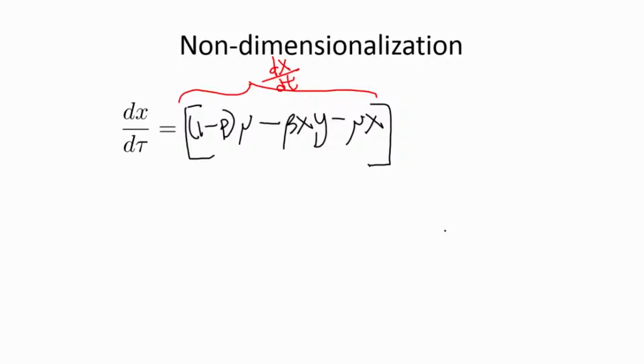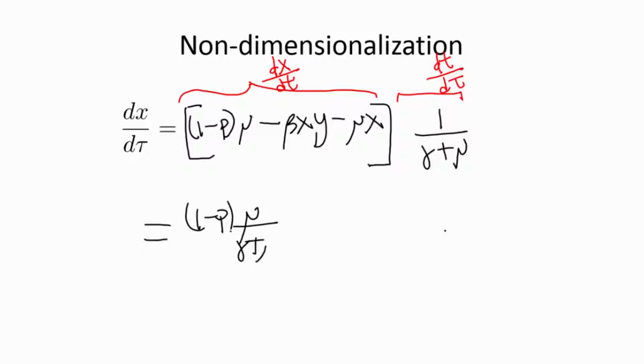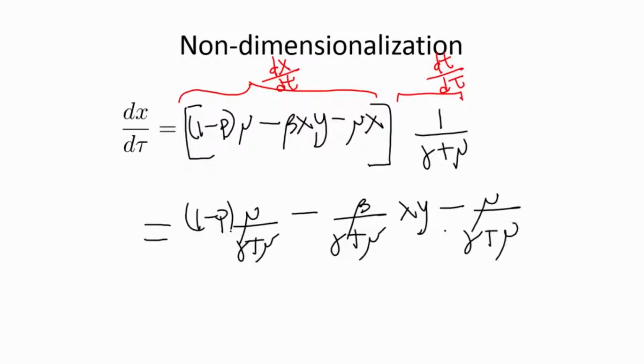Then we multiply that by 1 over gamma plus mu, because that is the derivative of t with respect to tau. This means we can multiply in that constant. So this is (1 minus p) times mu over gamma plus mu, minus beta over gamma plus mu times x times y, minus mu over gamma plus mu times x.